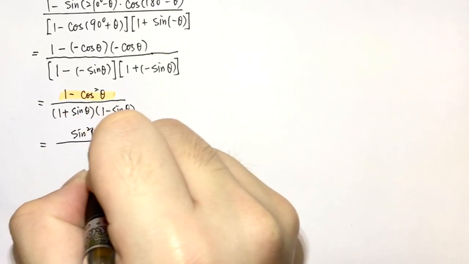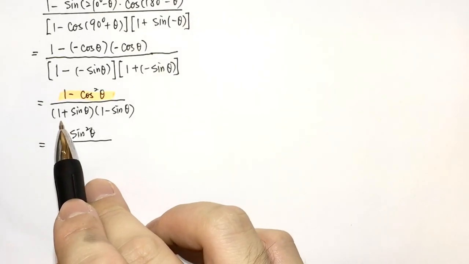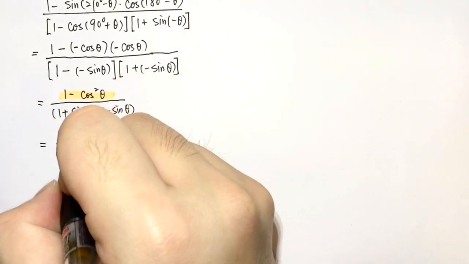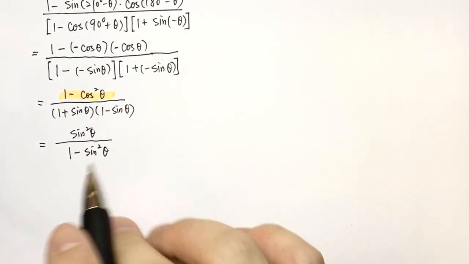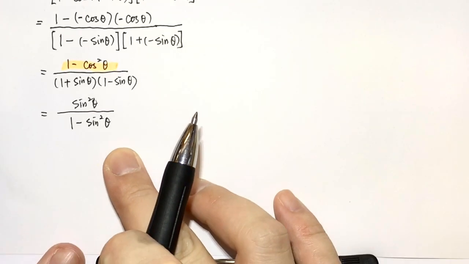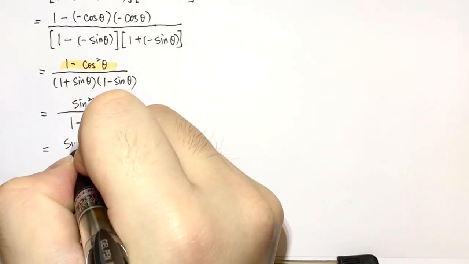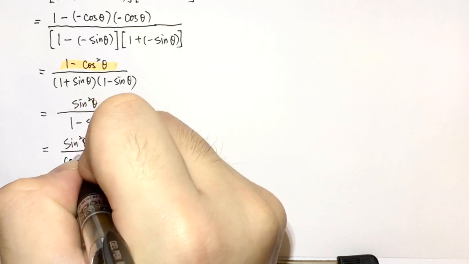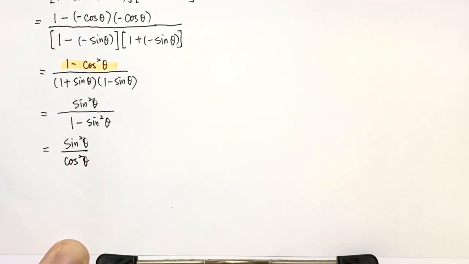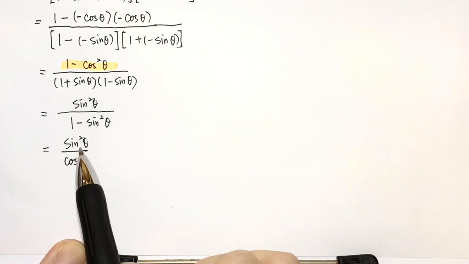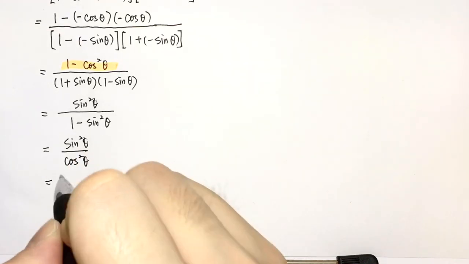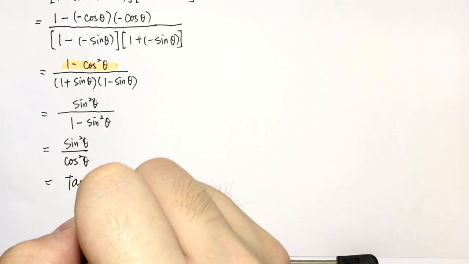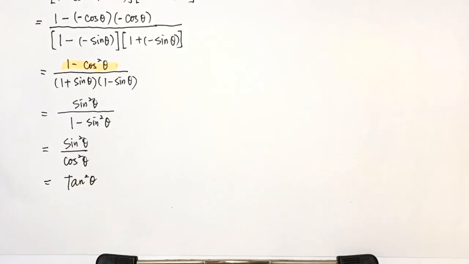And the denominator, you know, is a plus b times a minus b, so we have 1 minus sine square theta. And it's also an identity, so we can change it to sine square theta over cosine square theta. Now, it's of the form sine theta over cosine theta squared. So, as a final answer, you need to change it to tangent square theta. Okay?